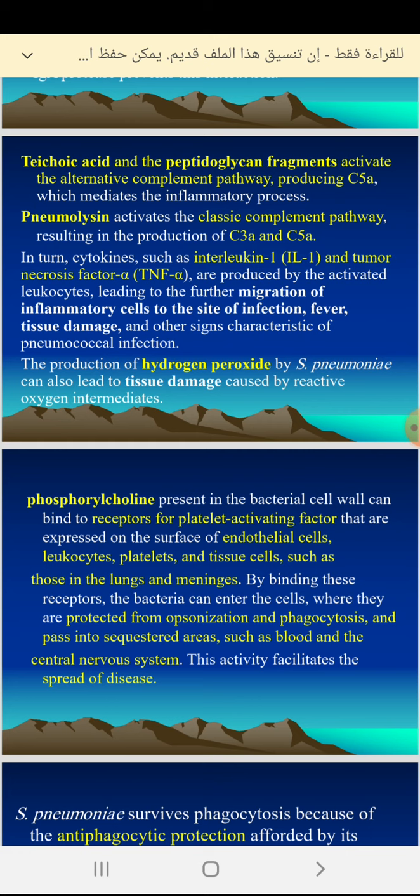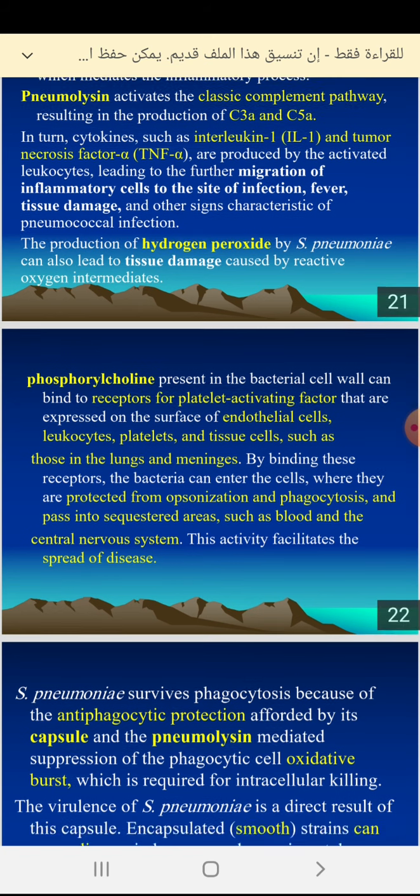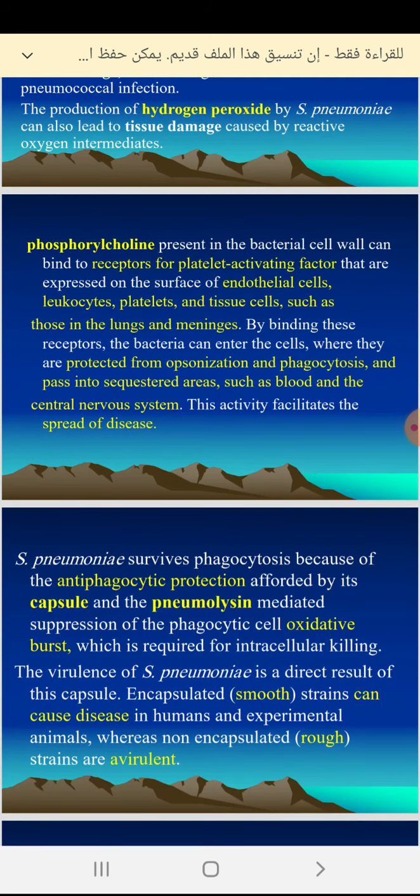The site of infection also leads to fever and tissue damage. This bacteria has the ability to produce hydrogen peroxide, and this leads to tissue damage. Also, in the cell wall of this bacteria there is a structure called phosphorylcholine. This phosphorylcholine has the ability to bind with receptors for platelet activating factor.